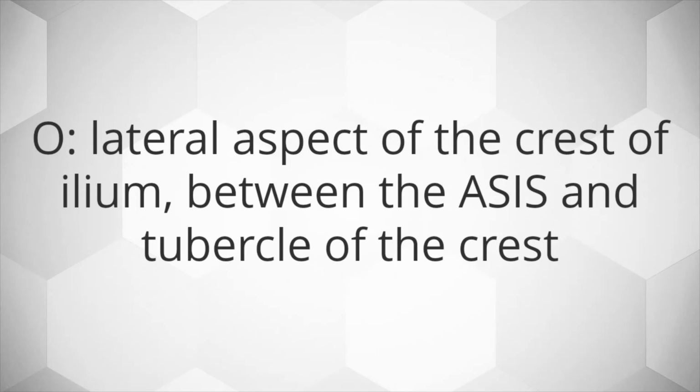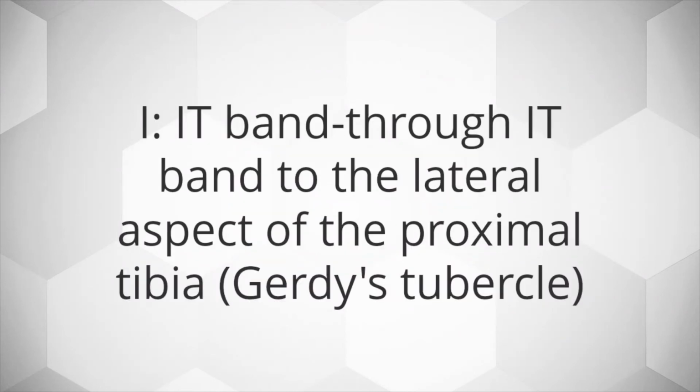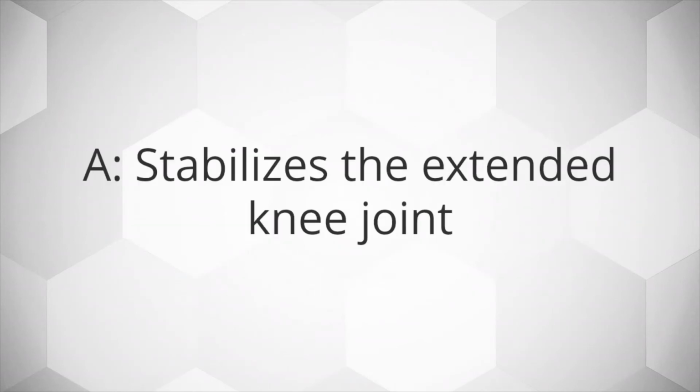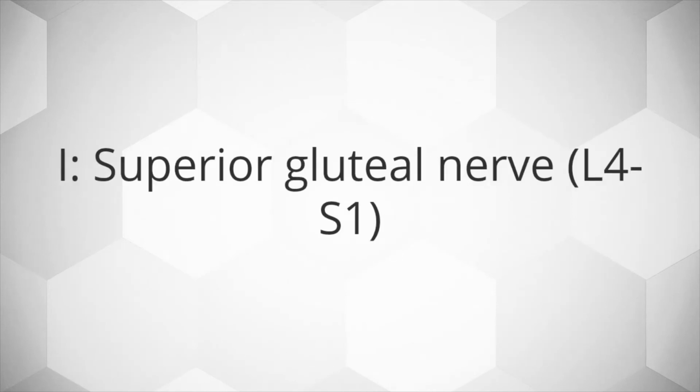It inserts right onto the IT band, and through the IT band into the lateral aspect of the knee, and therefore one of its actions is to stabilize the knee while the knee is in extended position. It is innervated by the superior gluteal nerve, which has the roots from L4 to S1.